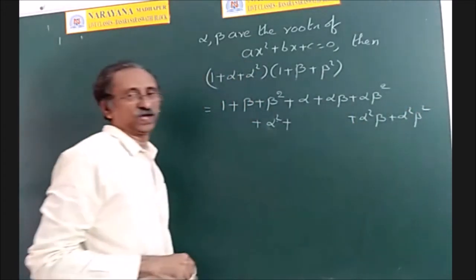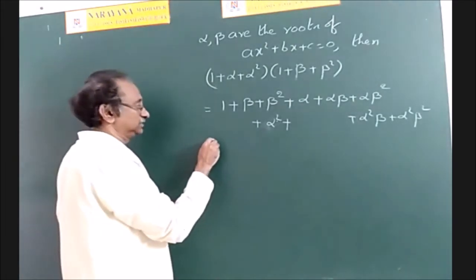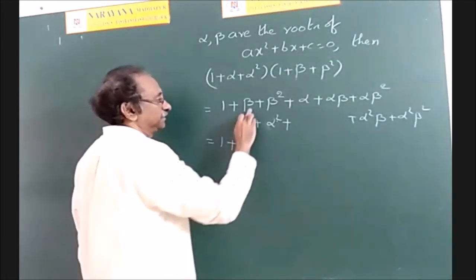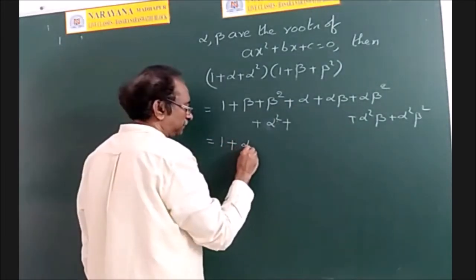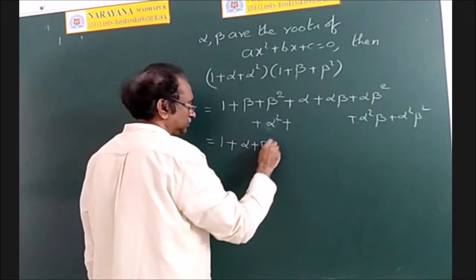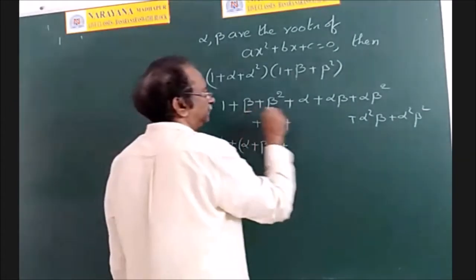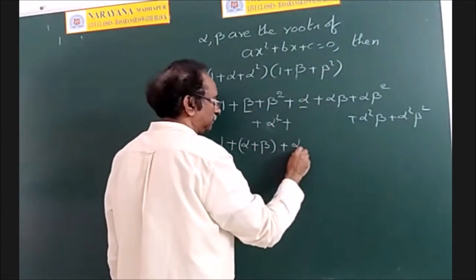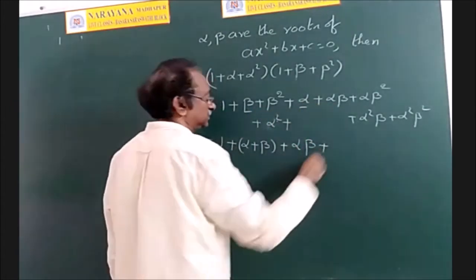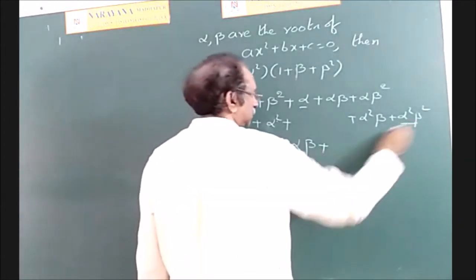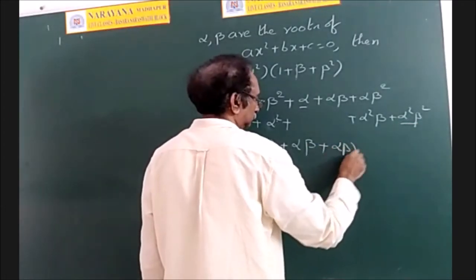And now we have to convert this in terms of a, b, c. So 1, and this is alpha plus beta. I can change this easily. And alpha plus beta is over. This is alpha beta. I can also change this. And see, this is alpha beta whole square.